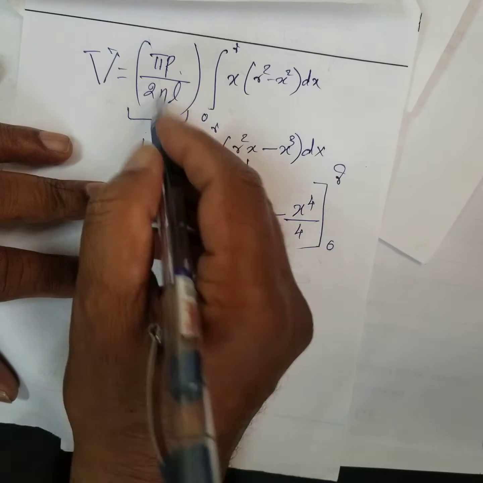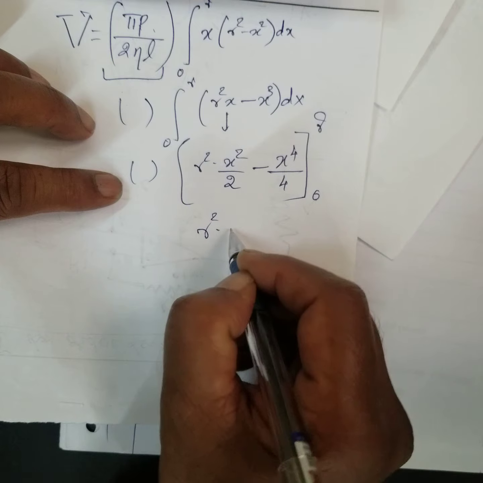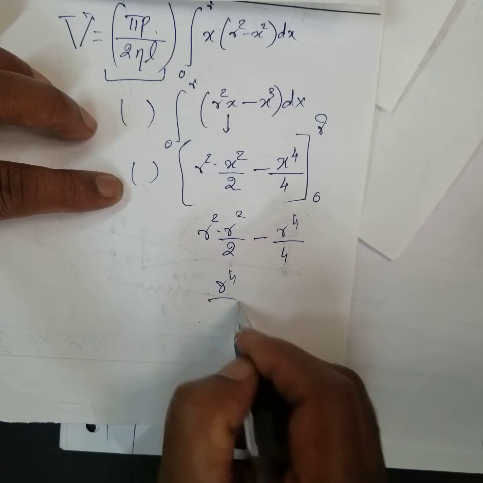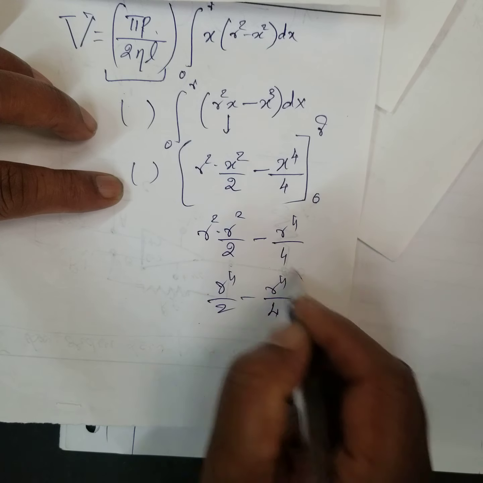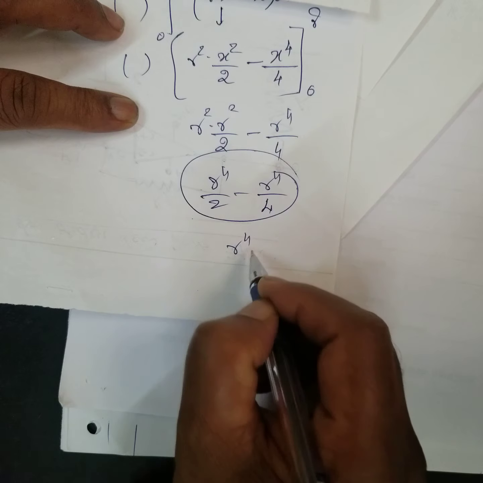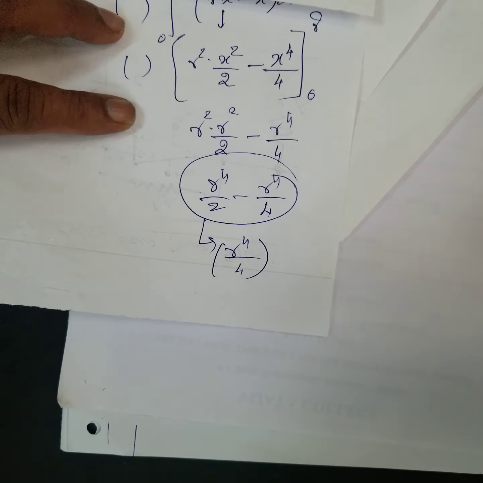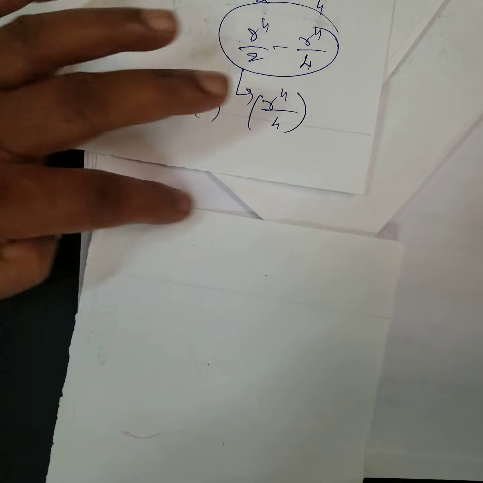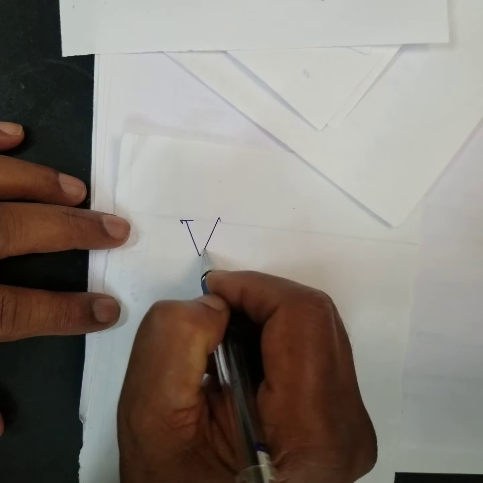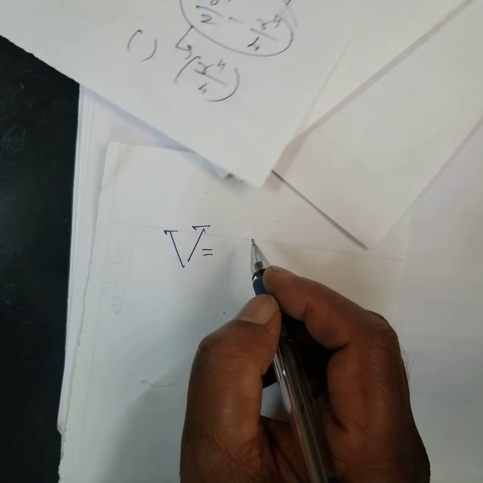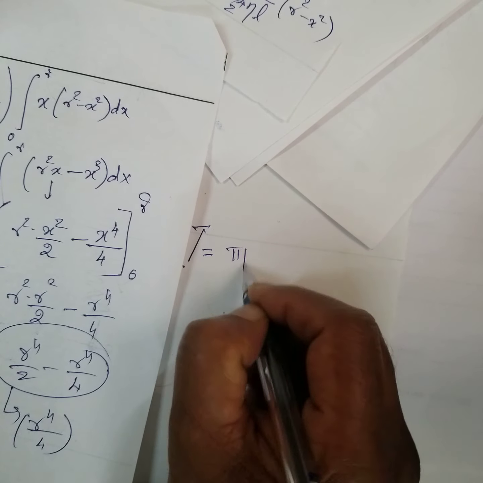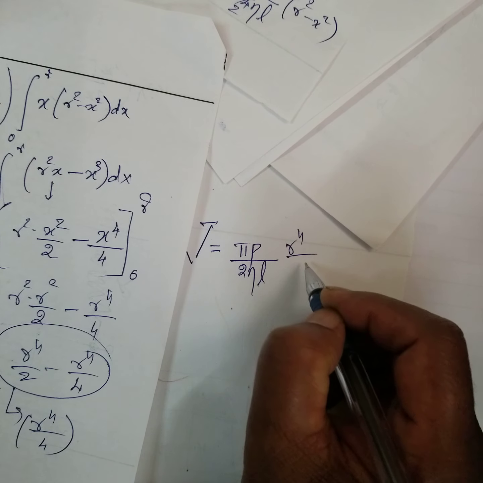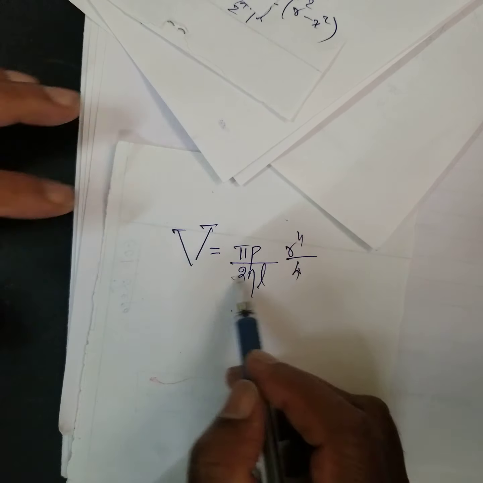Now we substitute here. This quantity remains same: r to the power of 4 by 2 minus r to the power of 4 by 4. If you simplify, what will you get? r to the power of 4 by 4 only. With this factor, therefore, V is equal to pi p, remember, 2 eta L, r to the power of 4 by 4. 4 twos are 8.